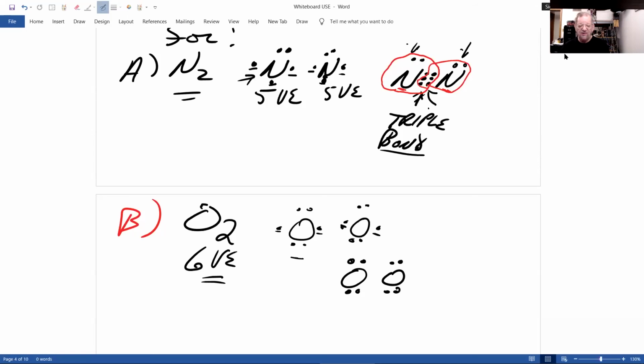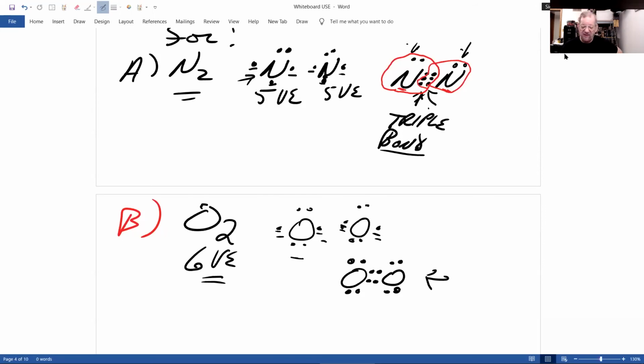But now 1, 2 unpaired here, they're sharing. And this is the Lewis structure for O2, what you're breathing now, oxygen gas.